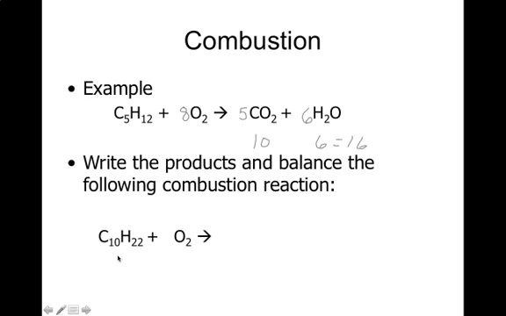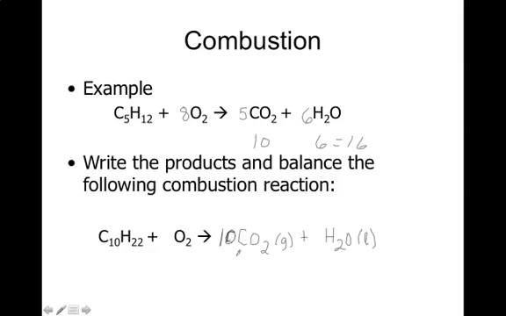Let's write the products of this reaction. We know the products are going to be CO2 gas and water liquid. But we need to balance it. We've got 10 carbons there, so we have to put a 10 here.